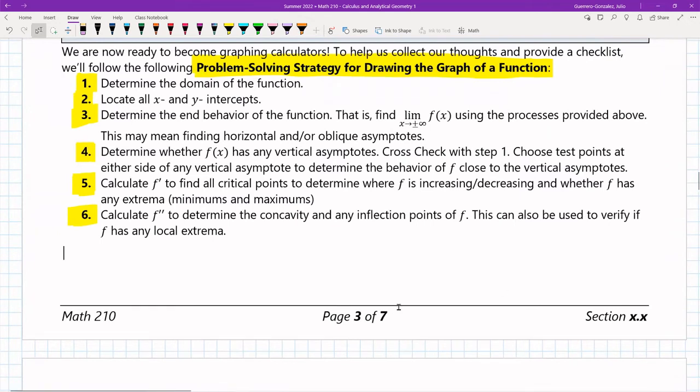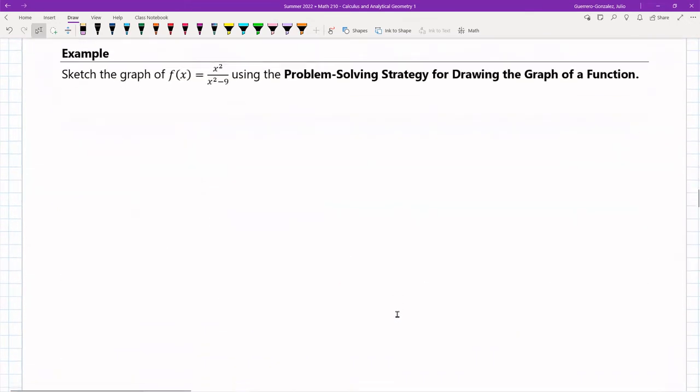Okay, so here we go. We want to sketch a graph of this function using our problem-solving strategy. I'm going to go down the list from 1 through 6. Number one, we need to find our domain.